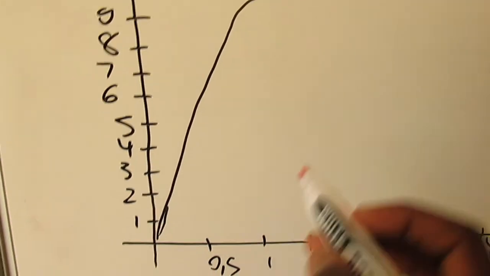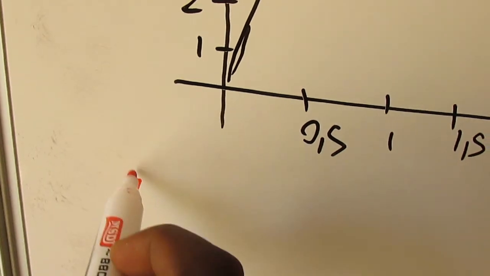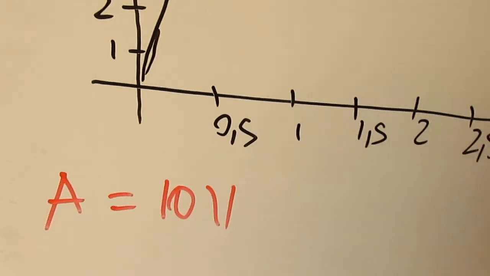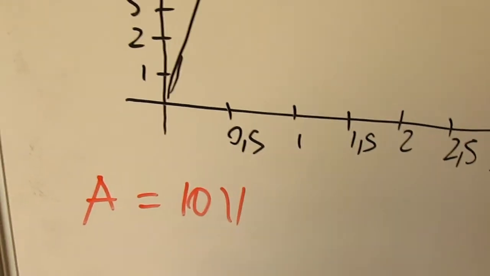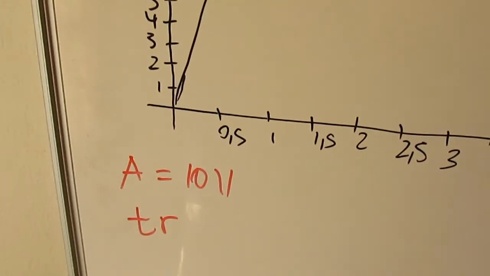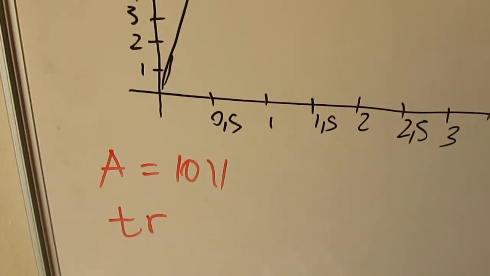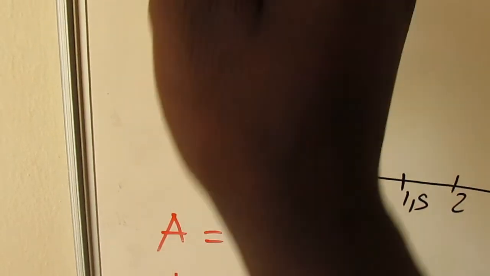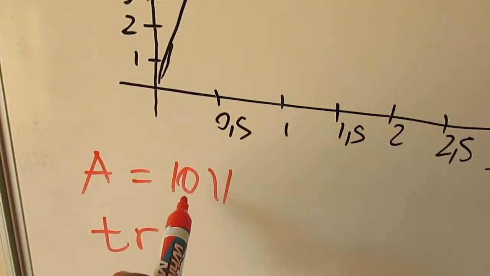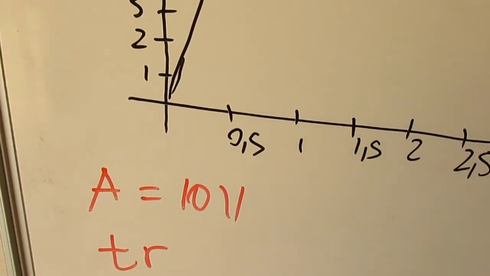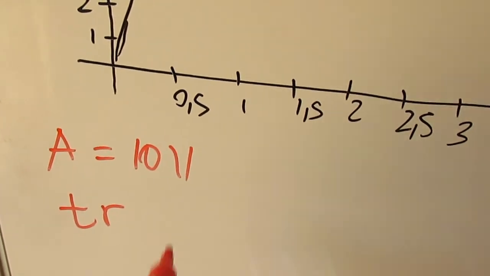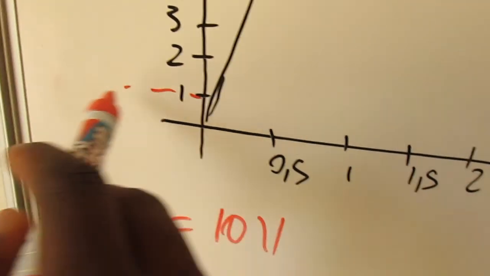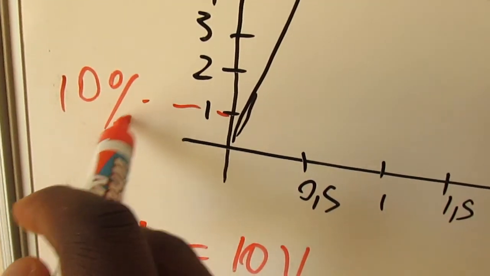So we can say our amplitude of this waveform is 10 volt. Okay, so after we have identified our rising time, we need to check for 10% of our amplitude. Our amplitude is 10 volt. What is 10% of 10 volt? It's 1. So this will be our 10%.